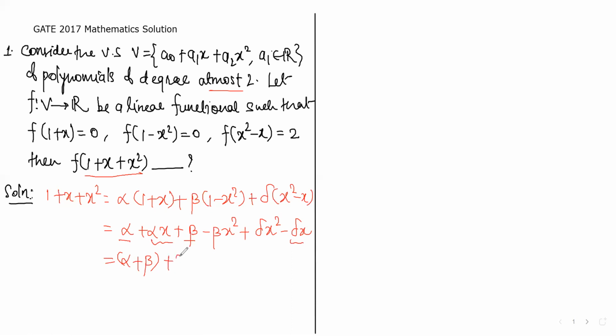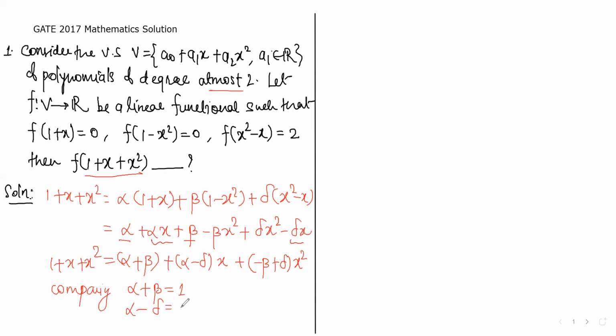That will give me alpha minus delta times x, and minus beta plus delta times x square. If you compare, what you get is alpha plus beta is 1, alpha minus delta is again 1, and minus beta plus delta is also 1.